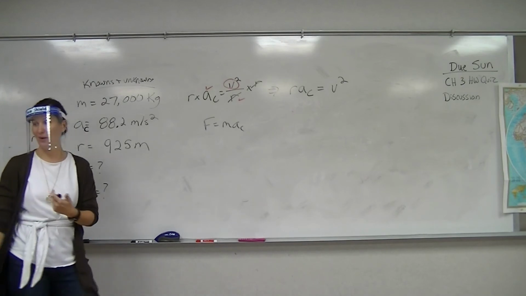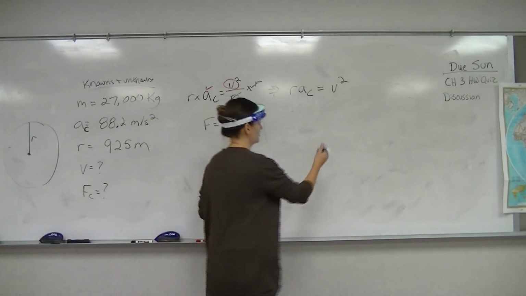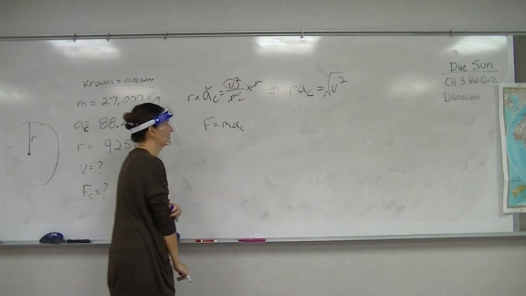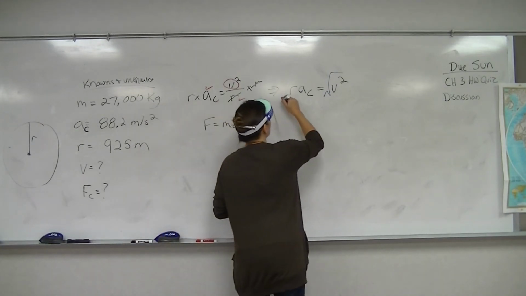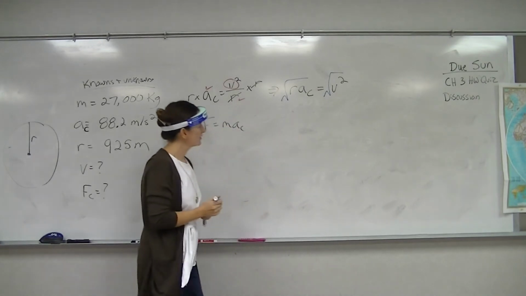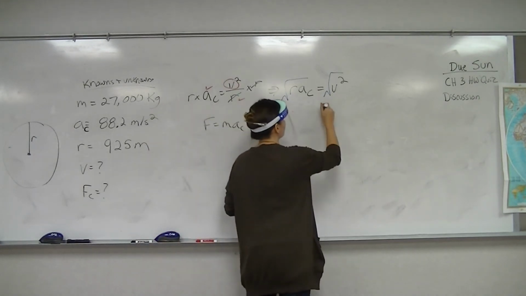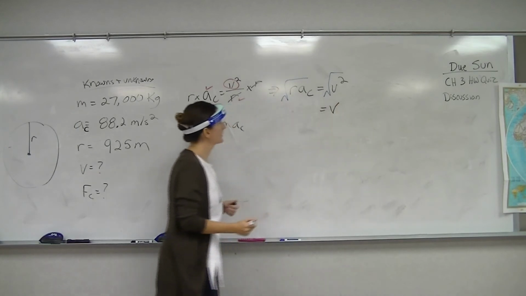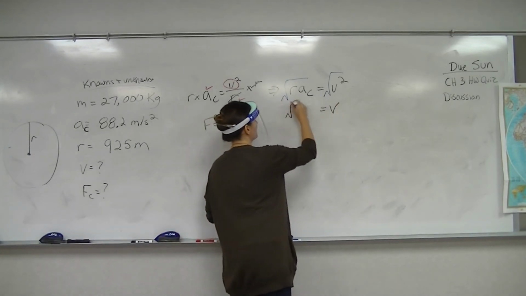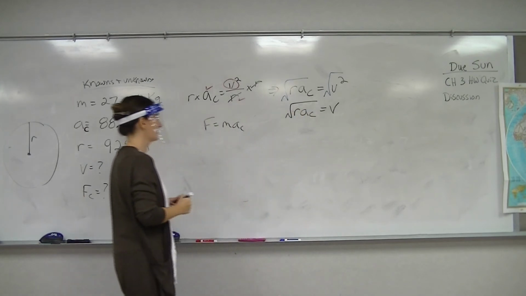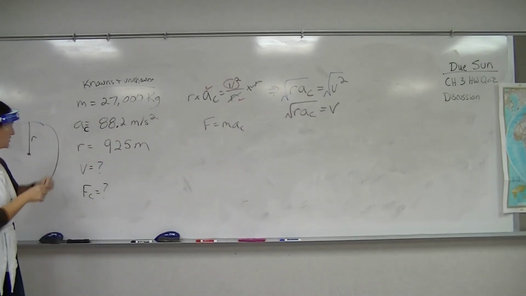So how do you get rid of a squared? Square root. We've done this before with that distance-time equation. So take the square root of both sides, whatever you do to one side, you have to do to the other. That gives me V by itself, and on the other side, the square root of R times A sub C: radius times the centripetal acceleration.